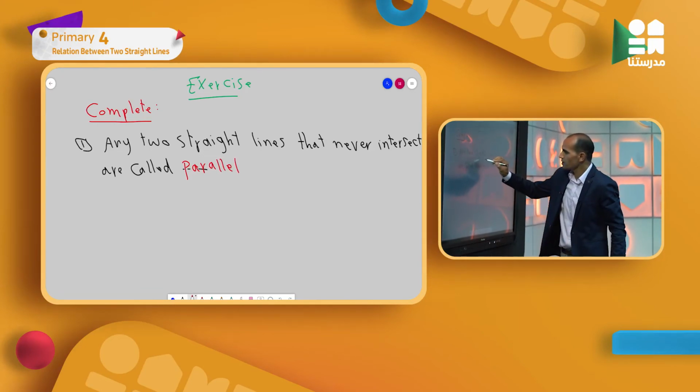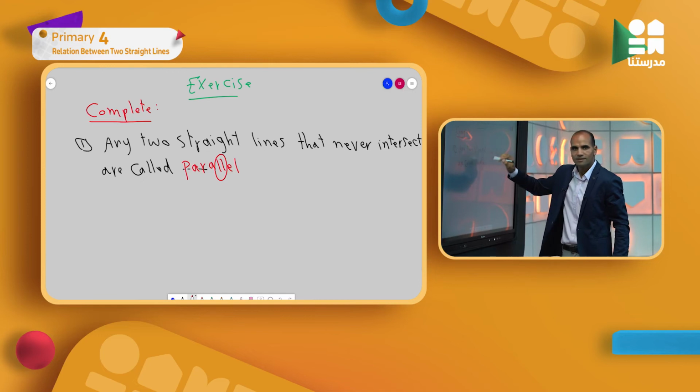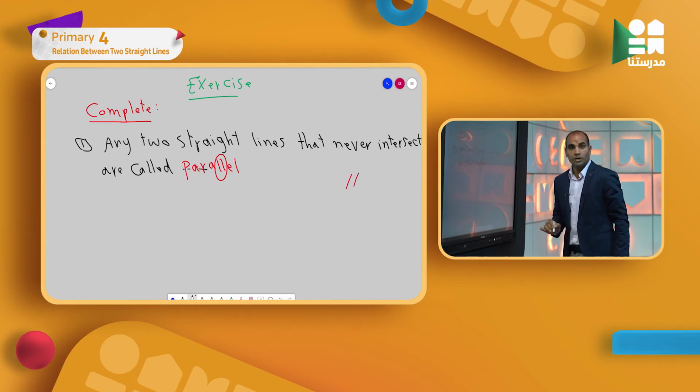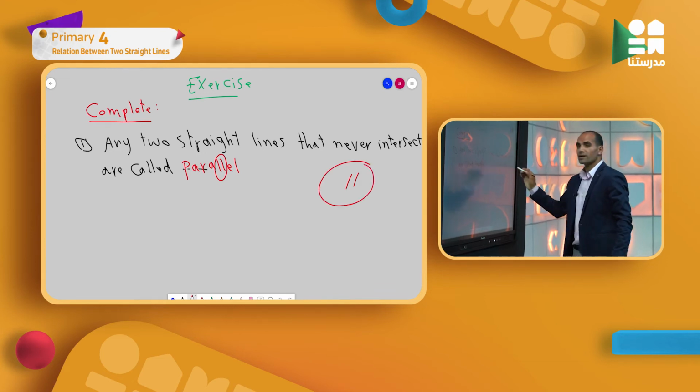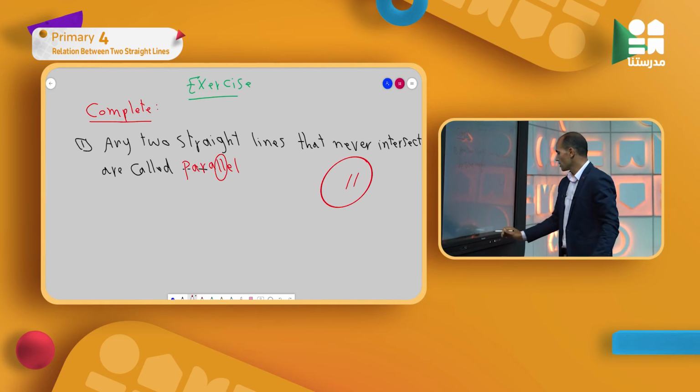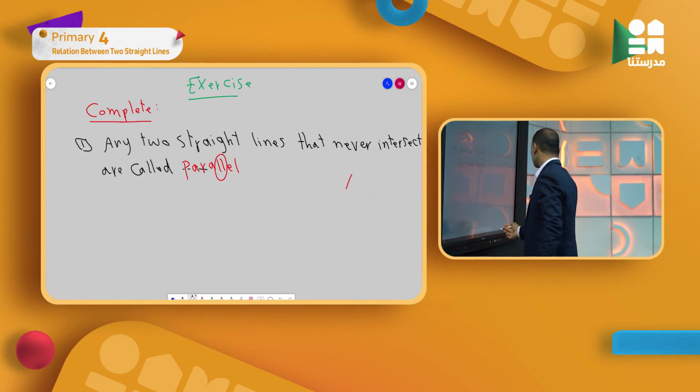And you can see here this symbol, parallel. We will take this in the second part. So here we can say that the two straight lines AB and CD are two parallel straight lines.